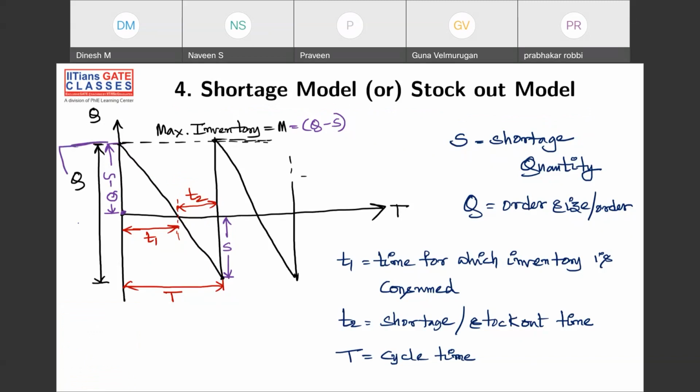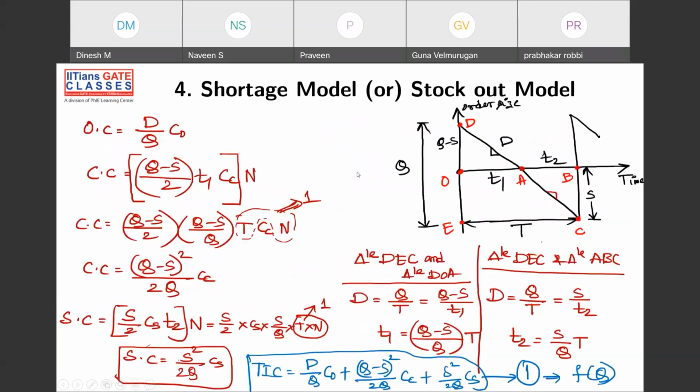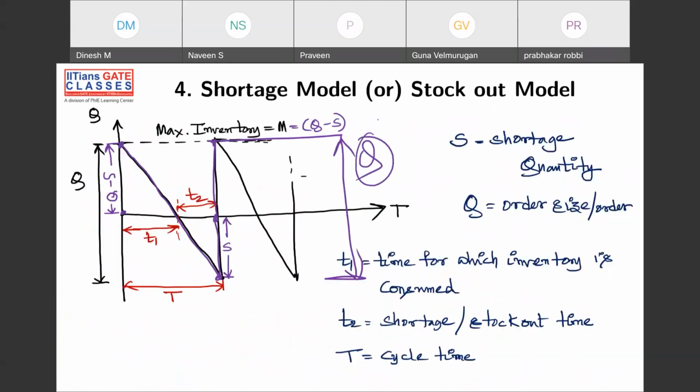Total, this is the quantity that you have to order. Why? Because you have some quantity, you reduce it to zero, you have to cover the shortage, and then you have to cover the next cycle. That's why you have to order Q quantity, and for this we have to find the optimum Q star.